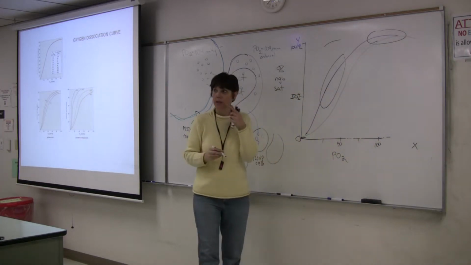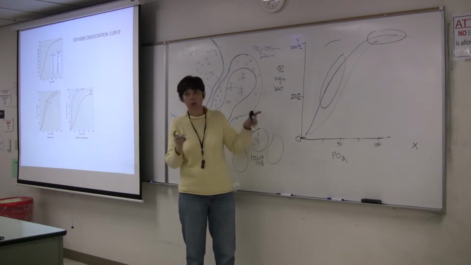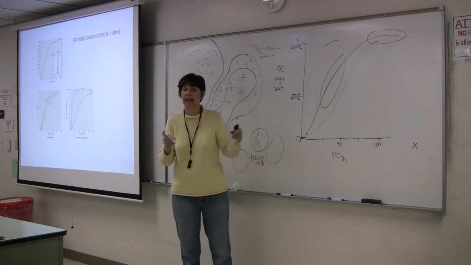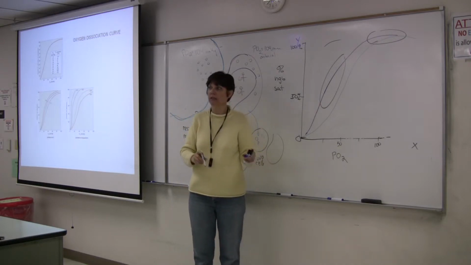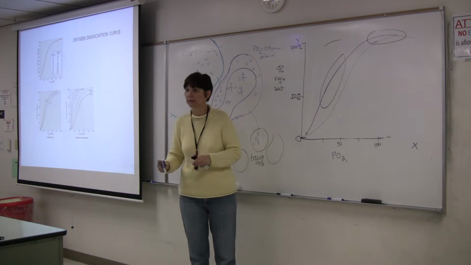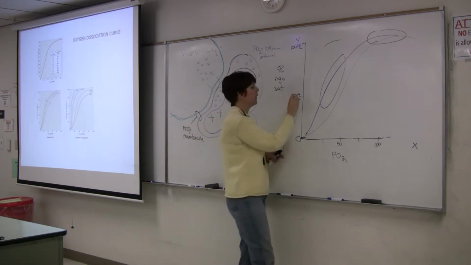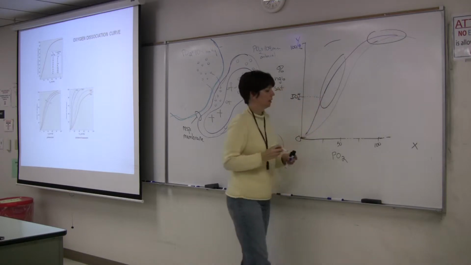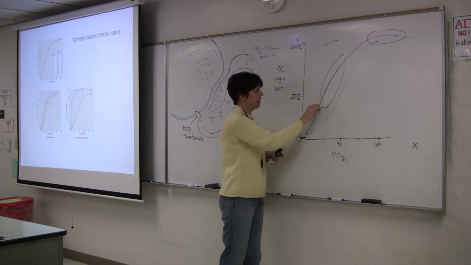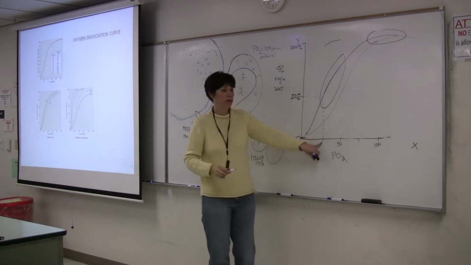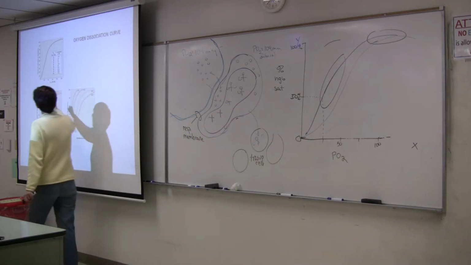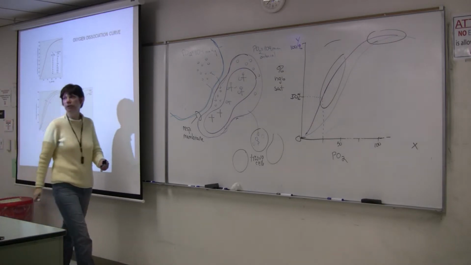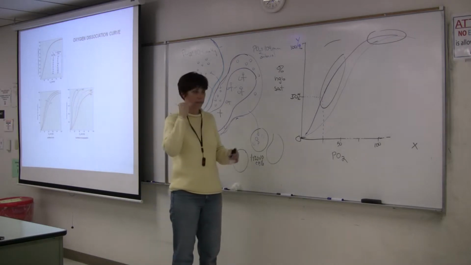So what have I said? When the curve shifts to the right, does it have a higher affinity for oxygen, or does it have a lower? Lower. Let's take a look. Here's 50% saturation. With our normal oxygen dissociation curve, it took a PO2 of about 30 mmHg to have 50% saturation, all right?